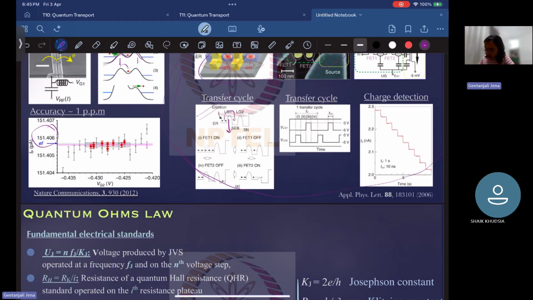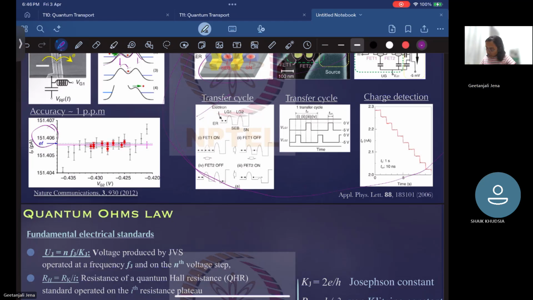Then, in the next case, you are making this gate voltage such that the electron is locked in that region, and now you are varying the voltage of the second one, and you make the electron tunnel to the drain side. So you are controlling these two gate voltages so that you can see a more controlled transfer of electrons from the source side to the drain side.